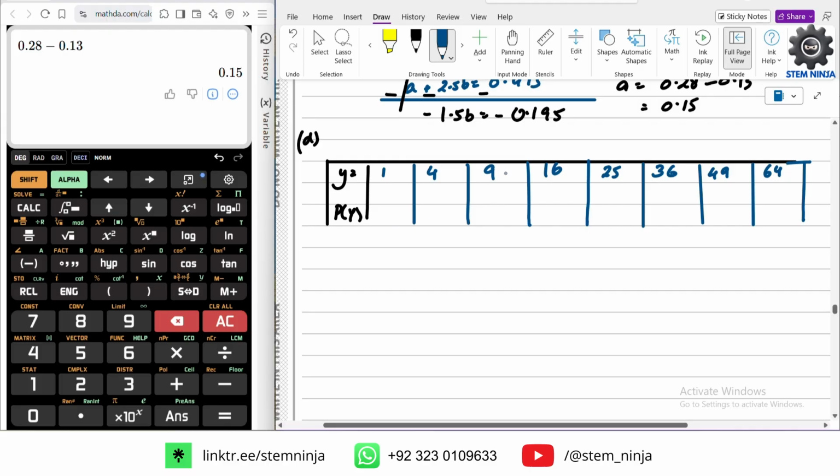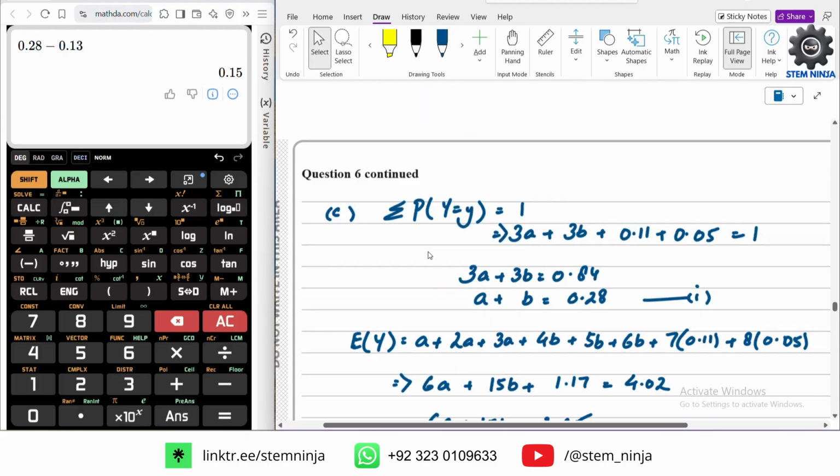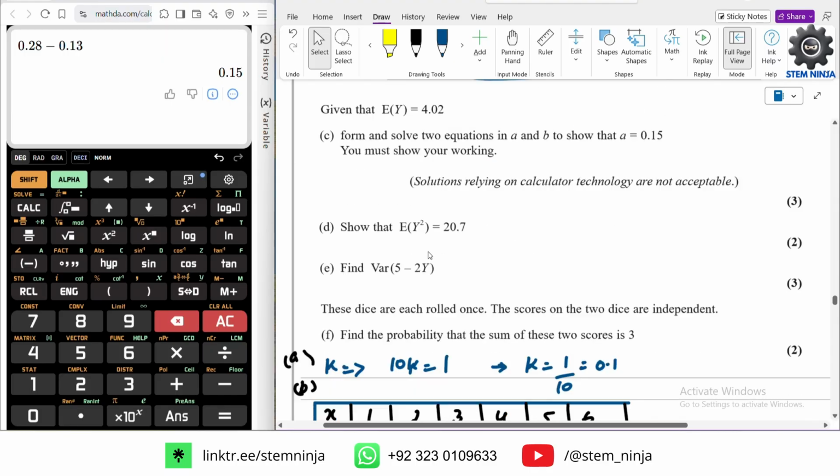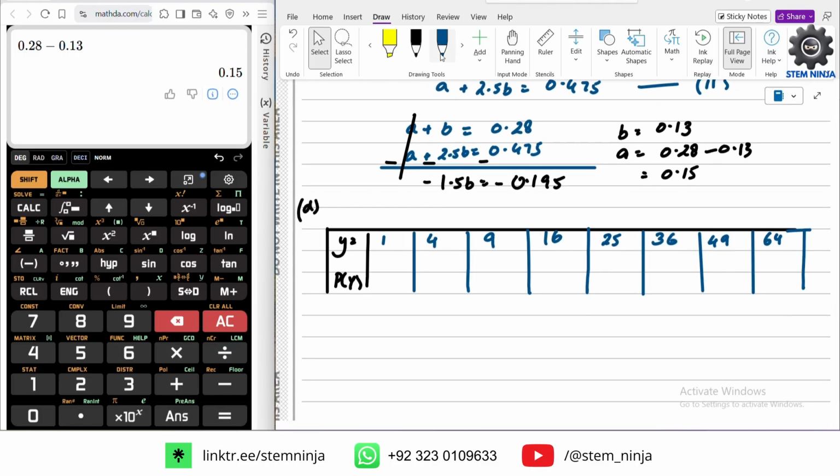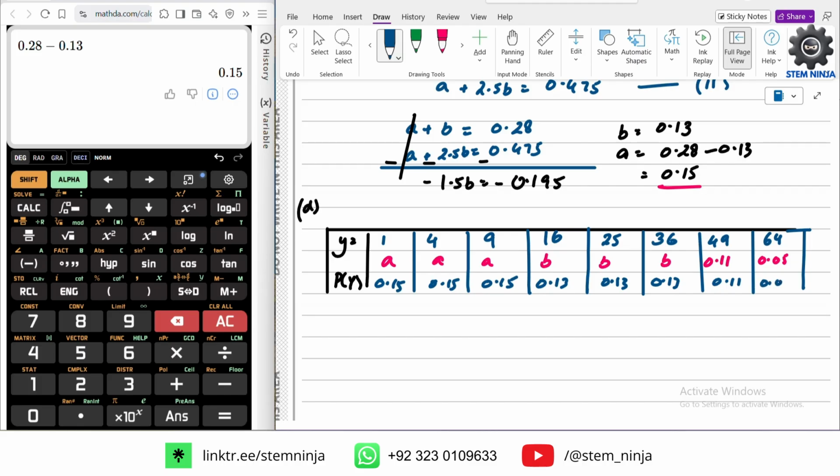Now we need the actual values. So first let's write in the A and B form, so we can convert it later on. So A, A, A, B, B, B, 0.11, 0.05. So A we have found to be 0.15, B 0.13, 0.13, 0.13, and this is staying as it is.